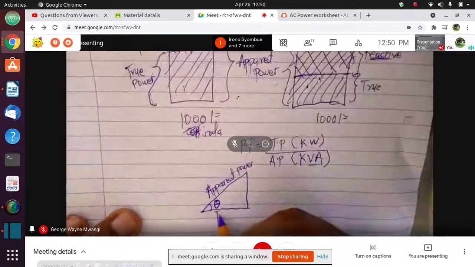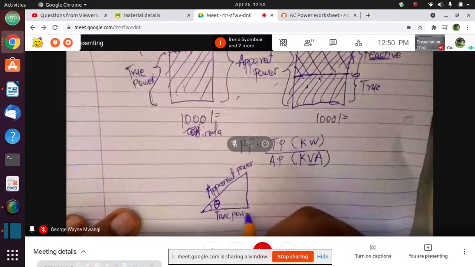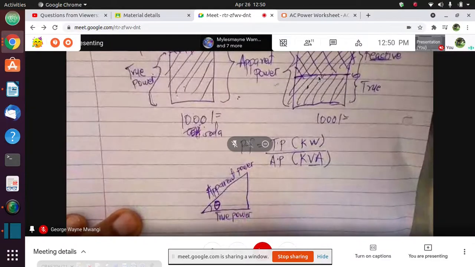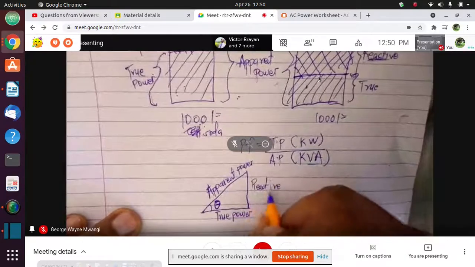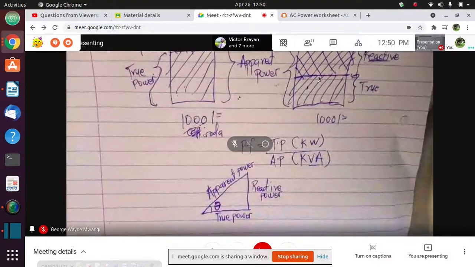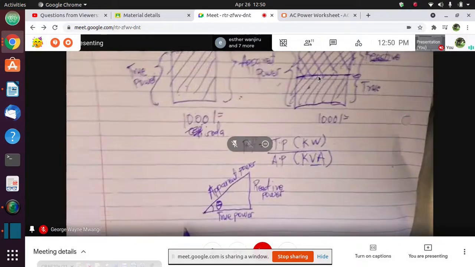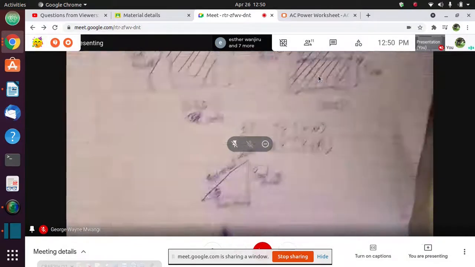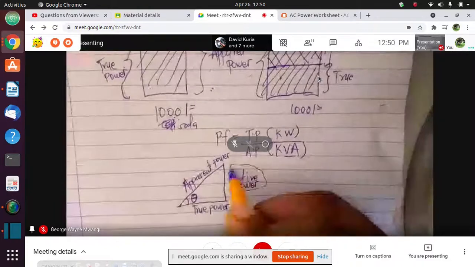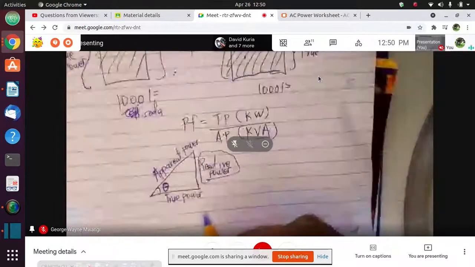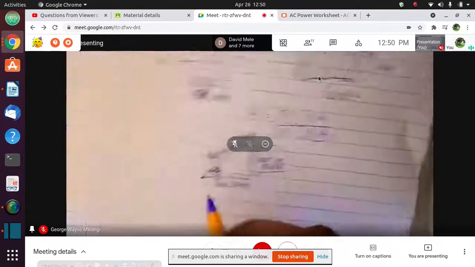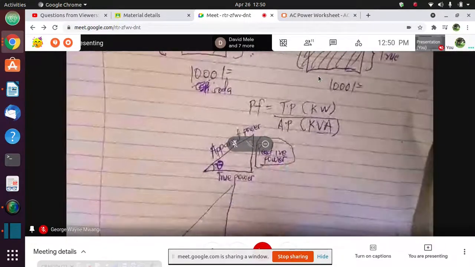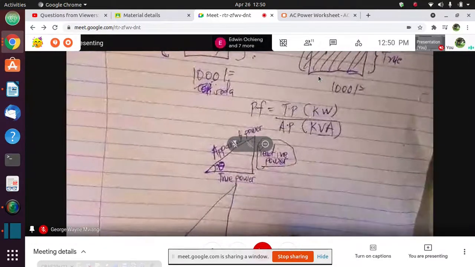This is the true power, the actual power that you are consuming in your machines, and this is the reactive power, the useless power. It is useless in terms of that you're not using it to do any work. It is there, but you have to pay for it. Now, if you have a bigger reactive power, what will happen? You'll find that this angle will increase. If your reactive power is big, you will find that this angle will increase.